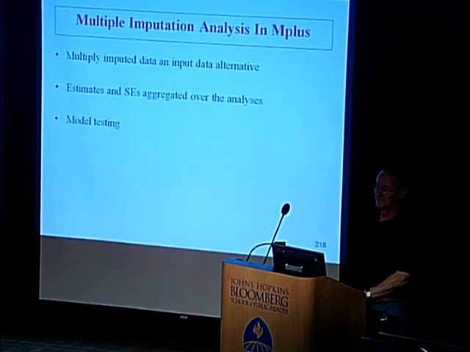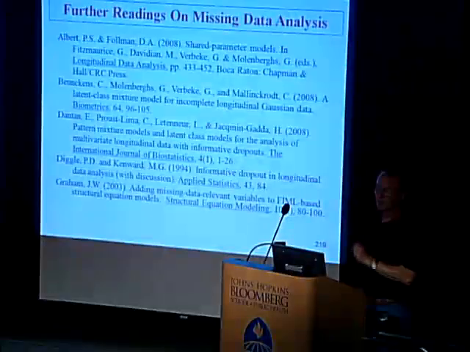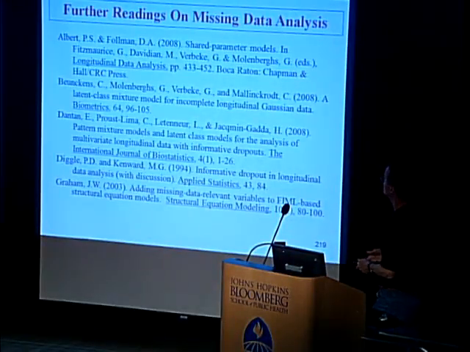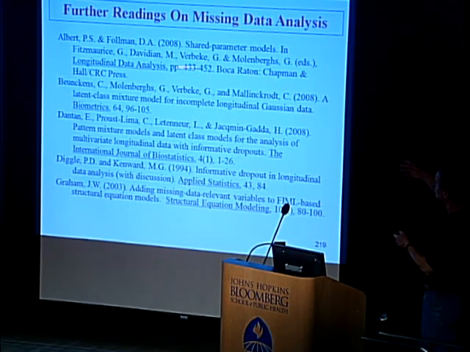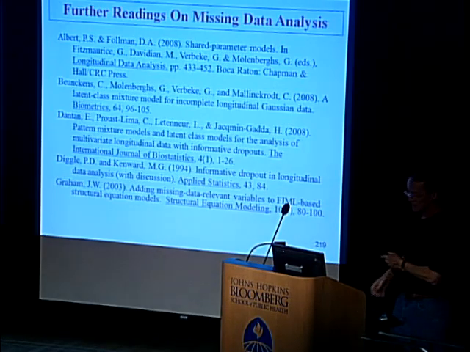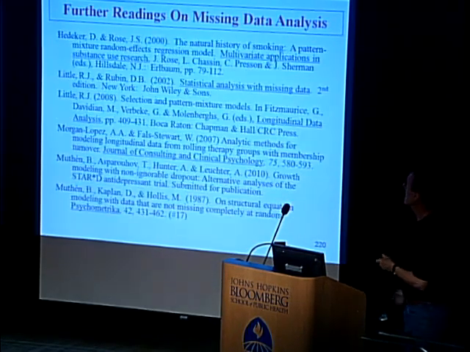Wine and cheese. But let me just say before I take questions, so here are all those neat references. Here is the longitudinal data handbook, longitudinal analysis, Fitzmaurice, Davidian, Verbeke, and Molenberghs. Here are the missing data references that I'm talking about.